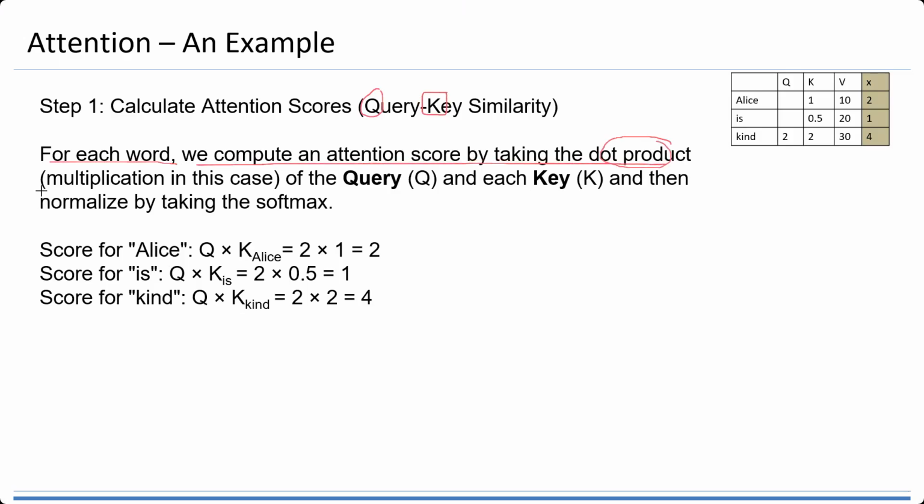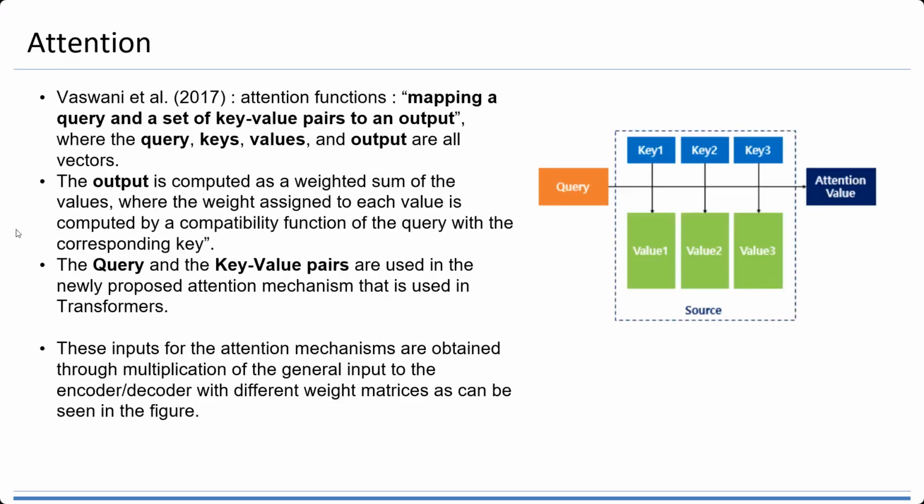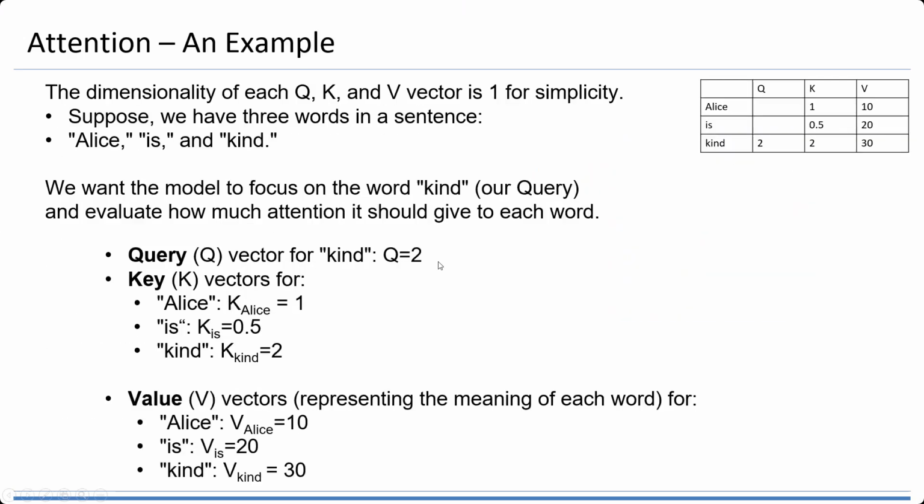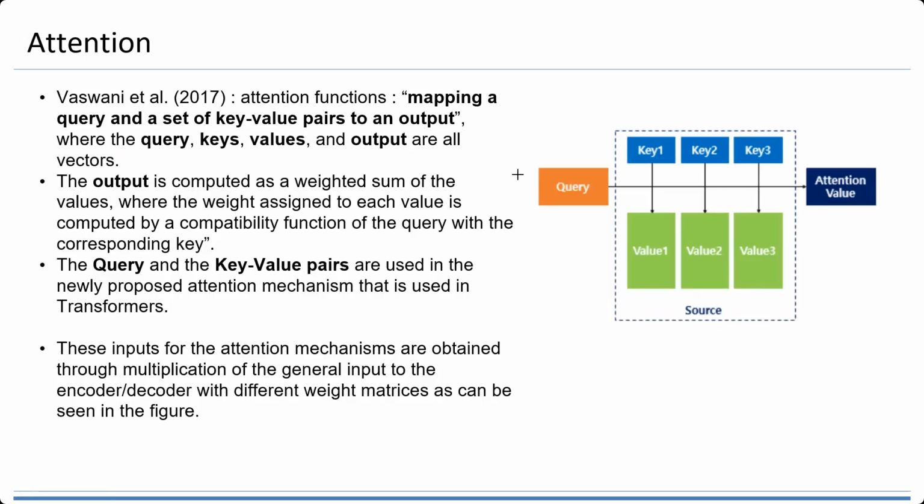Dot product means multiplication, based on the Q and K. If you look at the previous picture, we are going to apply the multiplication from the Q and K, and after that, we follow with the value and so on.